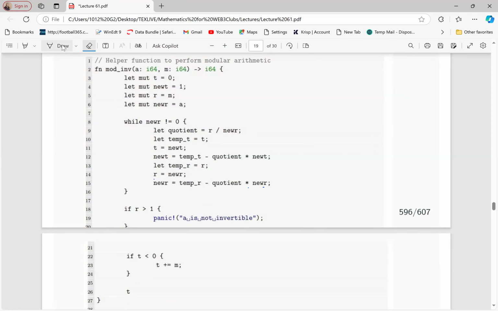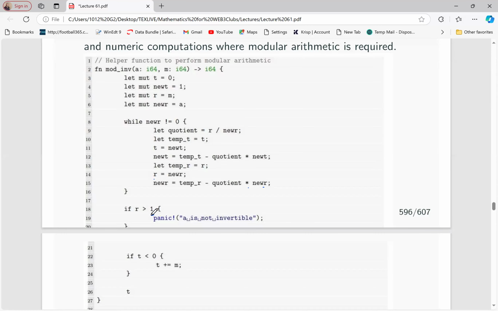What about if r is greater than 1? If r is greater than 1, you've done until the new r is 0, but r, which is supposed to be the remainder, is still greater than 1.